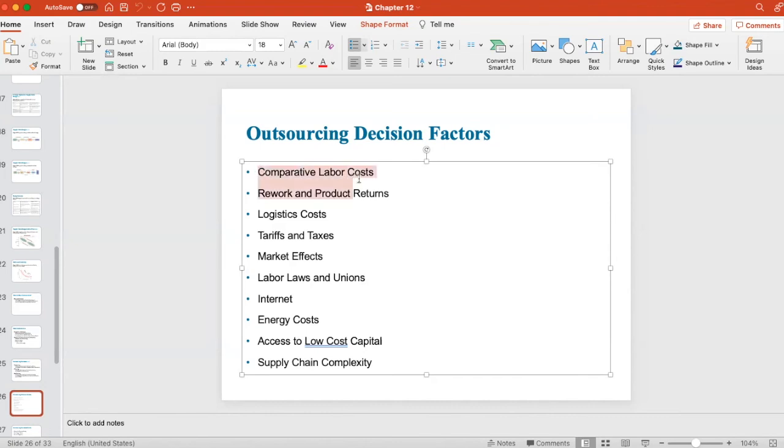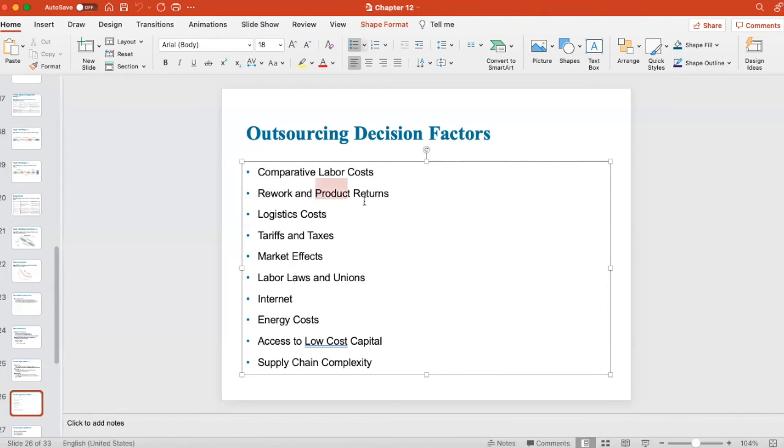Probably one of the most important reasons is relatively low labor cost, which becomes more competitive. The company can generate more revenue through this whole process. So definitely, this is one factor that drives more manufacturers to outsource.